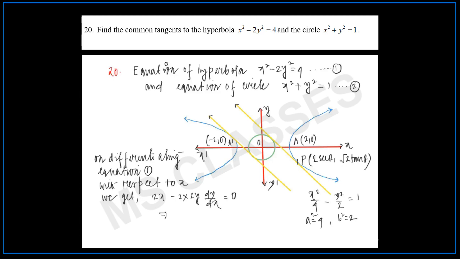Now from this we get dy/dx equal to x by 2y.